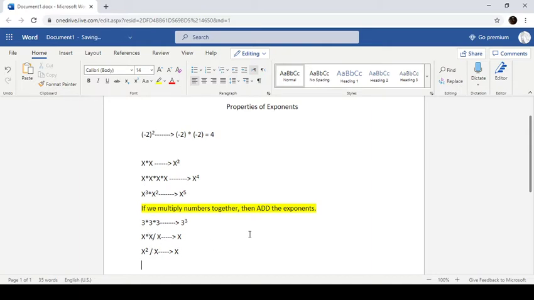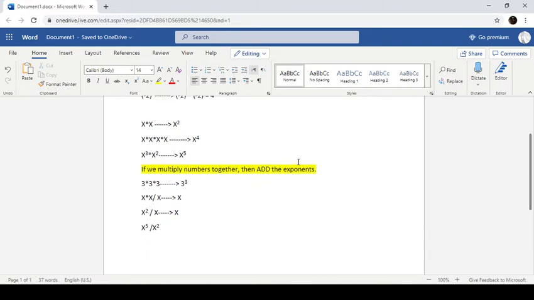So if I have x to the fifth and I divide by x to the second, again, when we divide, we subtract. So 5 minus 2 is going to give us x to the third.